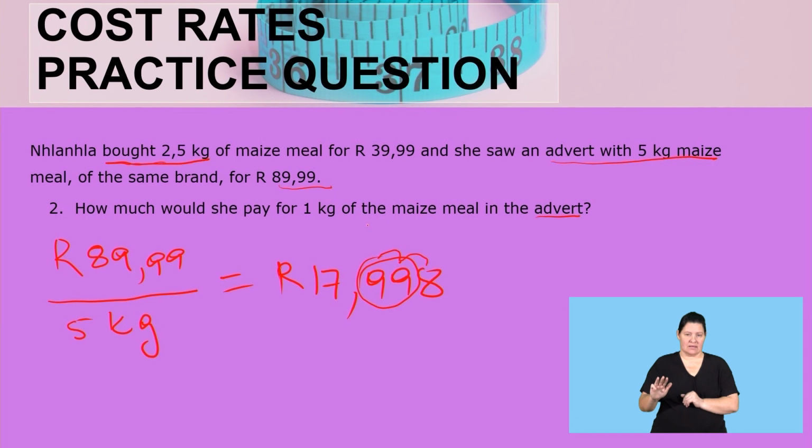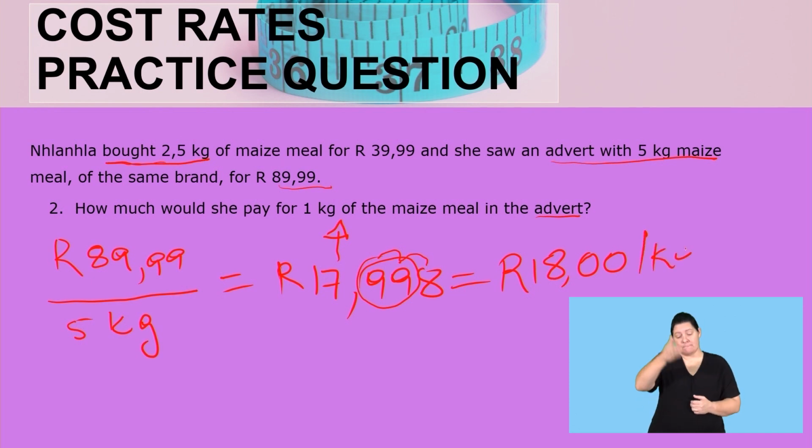So when it becomes 100, that 100 will adjust the 7 upwards, and then we will have 18 rand as the cost of 1 kg, or we can say 18 rand per kilogram.